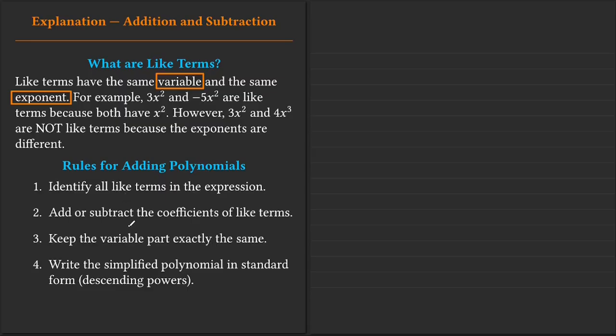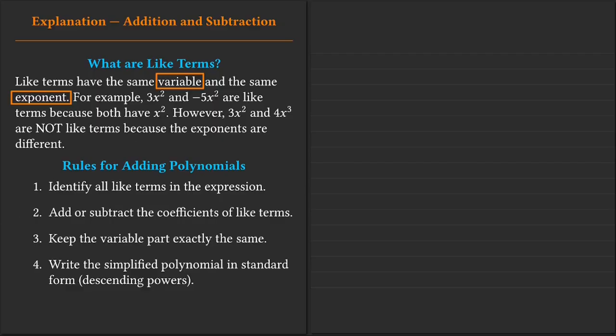So we don't actually add or subtract the powers or the variables, but rather we do so to the coefficients. Take note, we do so to the coefficients. Then we keep the variable part exactly the same as it is. And we then present our answer as a simplified polynomial in standard form.